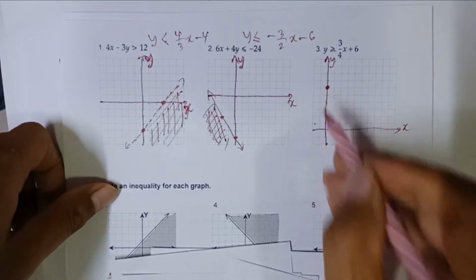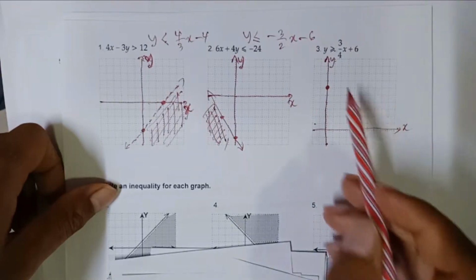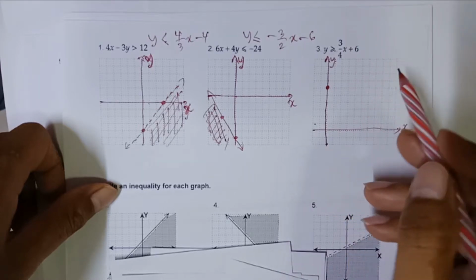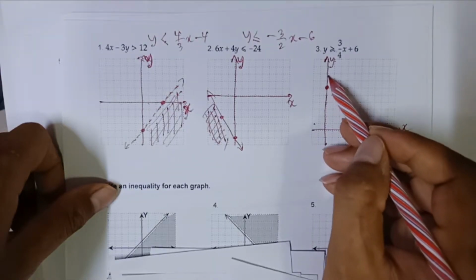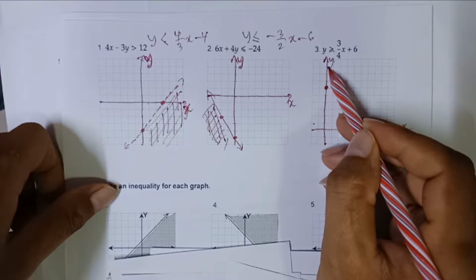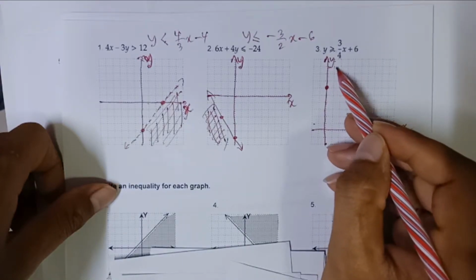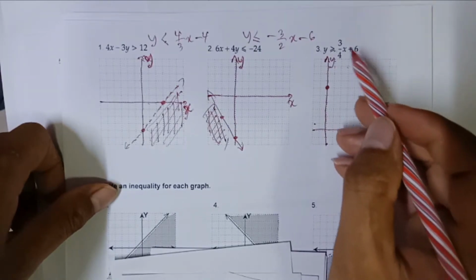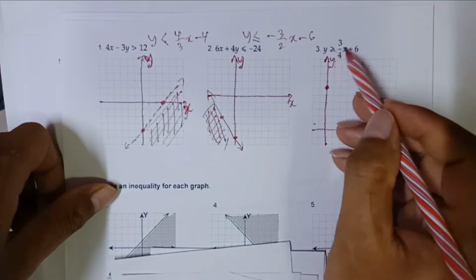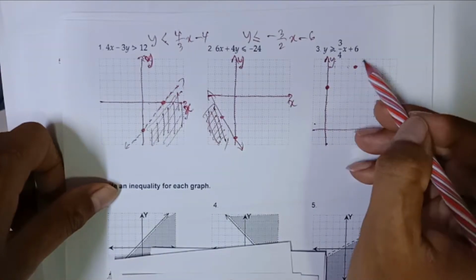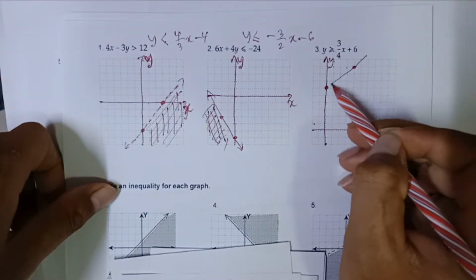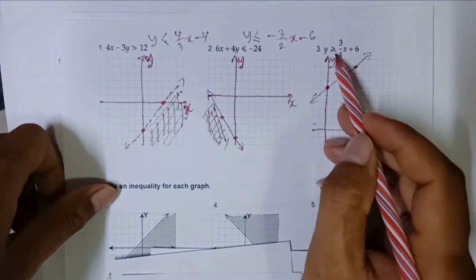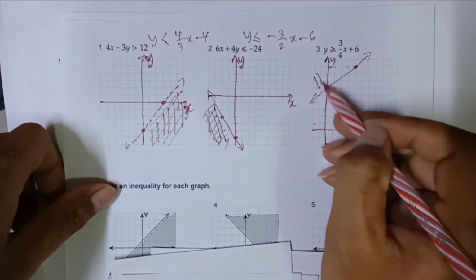That's for your y-intercept. Now you count up 3 and to the right 4. Let's count up 3, 1, 2, 3, and then to the right 4 times, 1, 2, 3, 4. This is a solid line because you have greater than or equal to, which indicates a solid line like this. This is greater than, so you shade above the line.